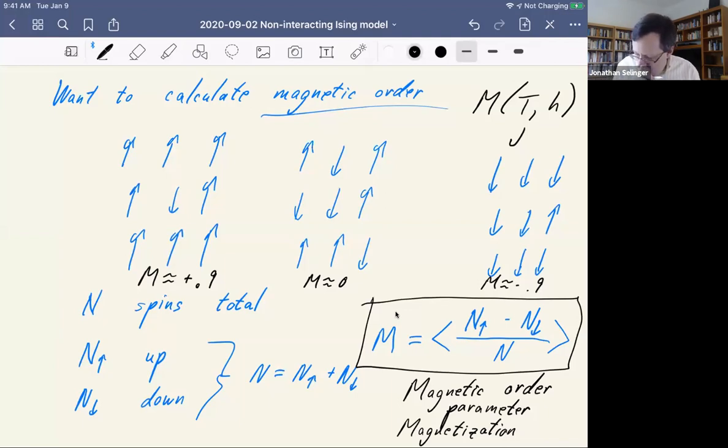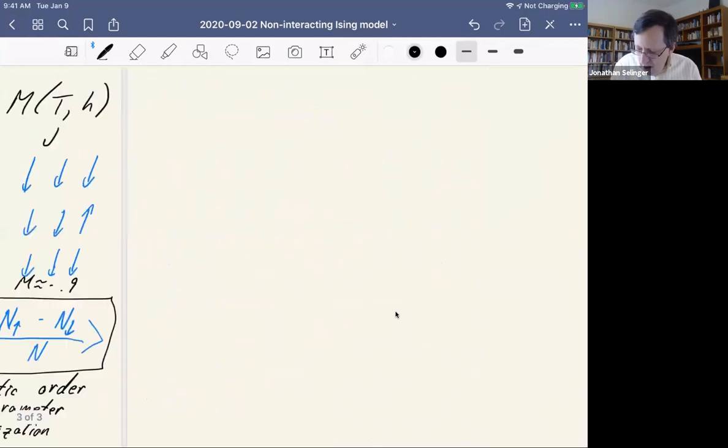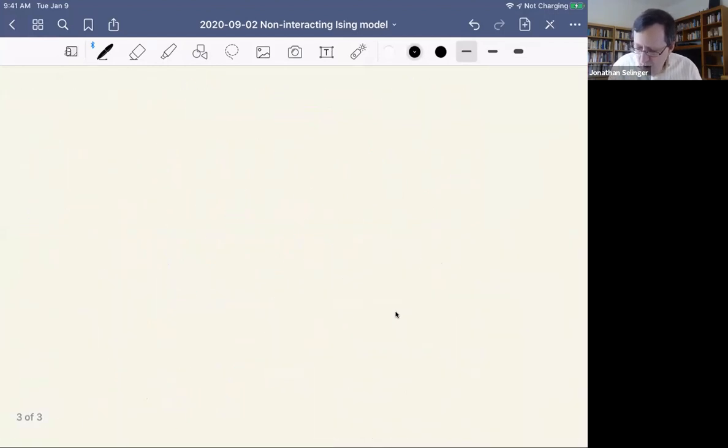All right, so let's think about how we can try to calculate this quantity, try to make predictions for it. The way that we make predictions is different depending on whether there are interactions between neighboring sites.